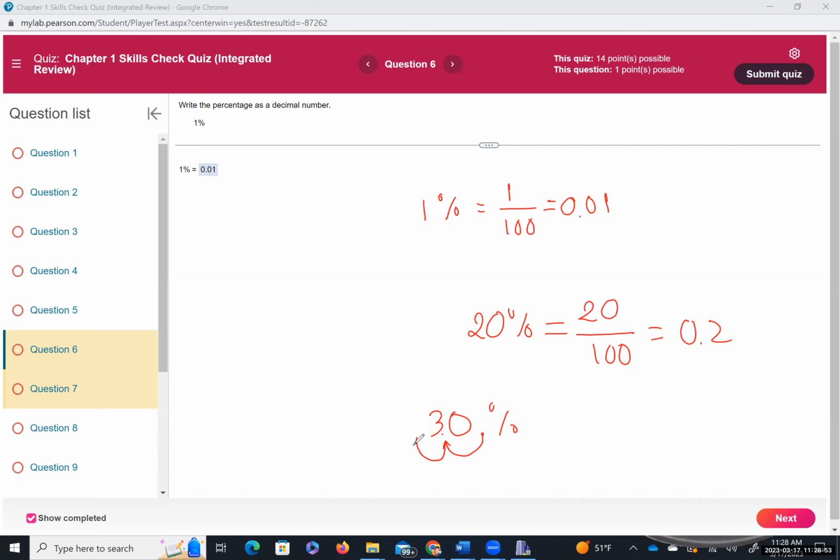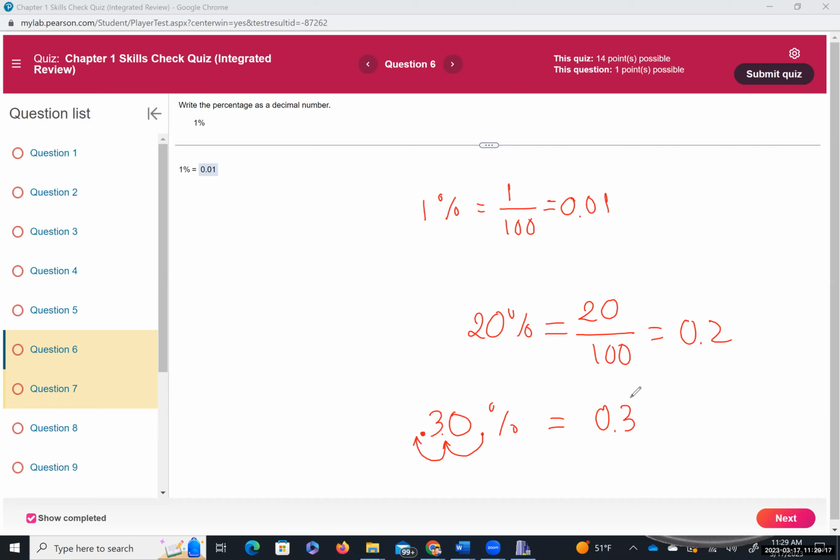And move 1 more, the period is now going to be here. So you will have 0.3. Okay.